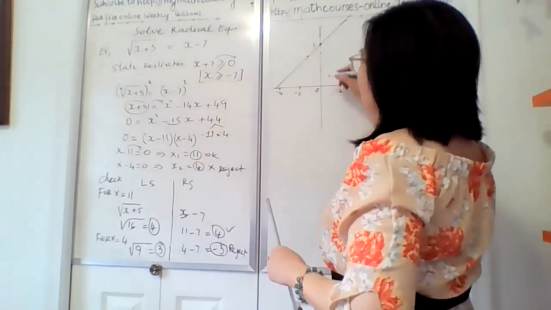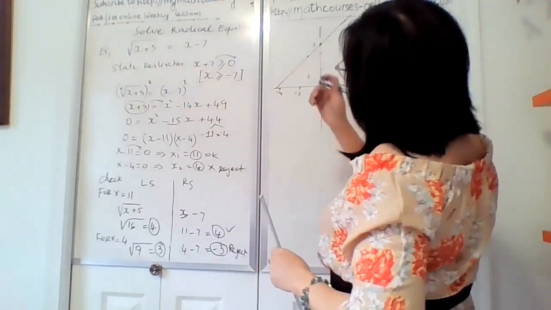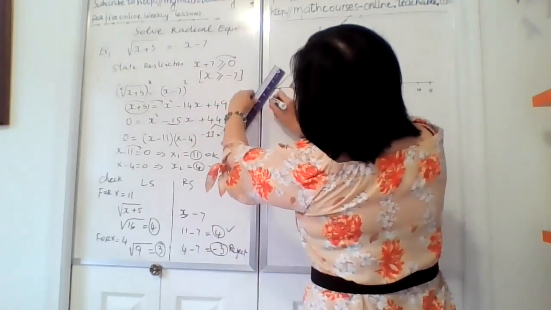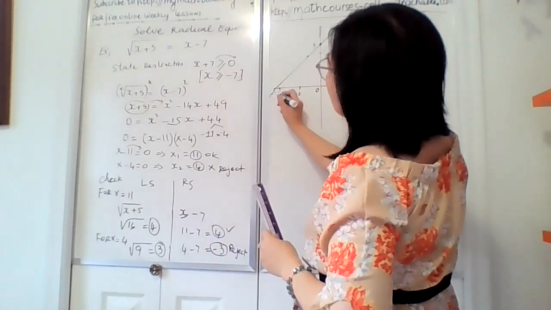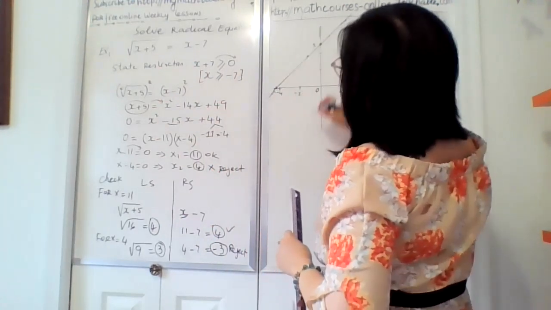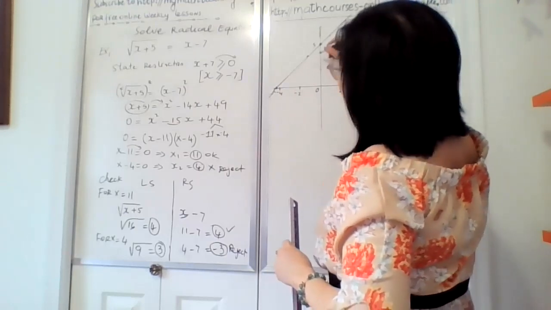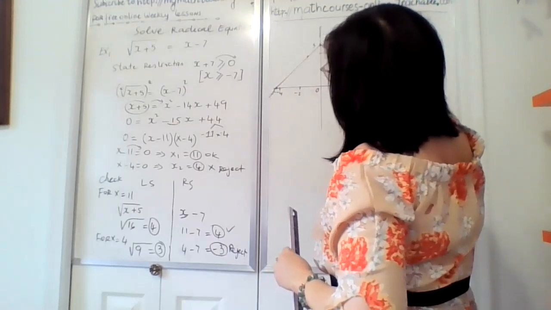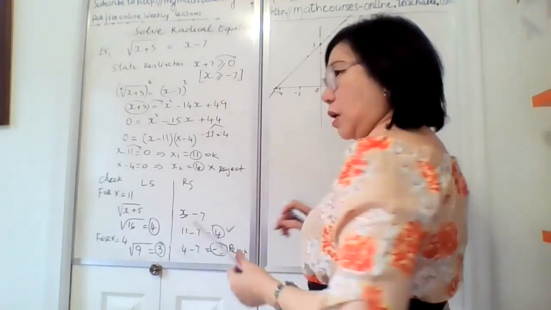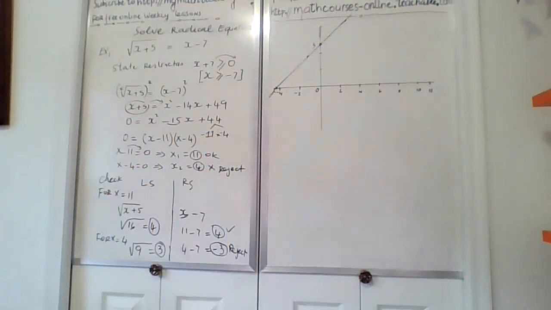Now based on this, we can sketch the shape of our radical function. For the shape of our radical function, remember anything down here, we don't care, right? We cannot take the square root of a negative y value. So start from here will be our radical. And let's say the square root of 5 will be 2.23.